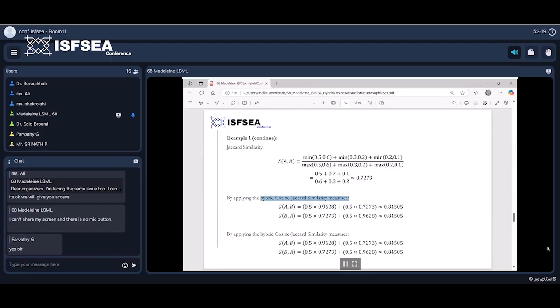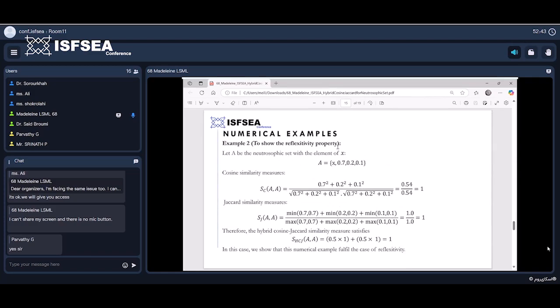So we perform the alpha and beta, where we assume equal weight. So we are going to have 0.5 for each weight. So in this, we can show I'm going to have the similarity measure as 0.84504.